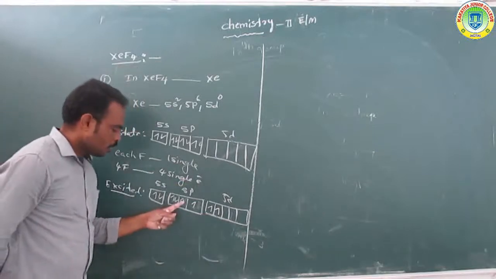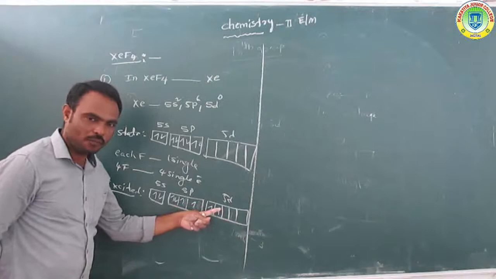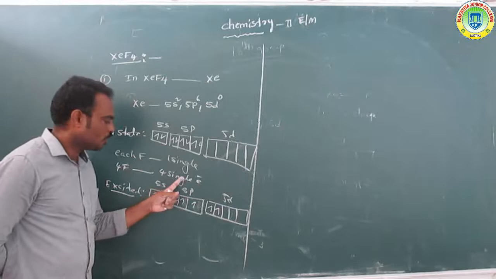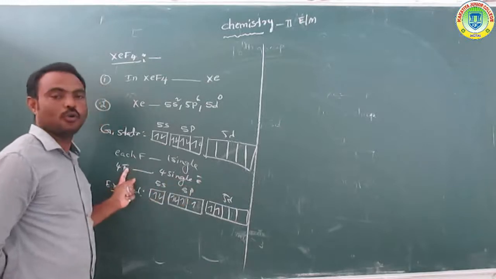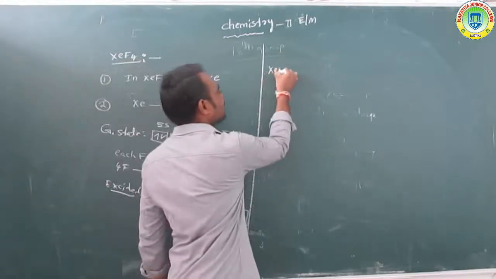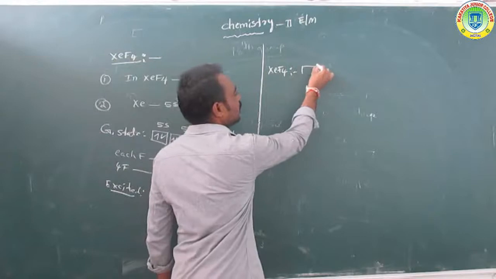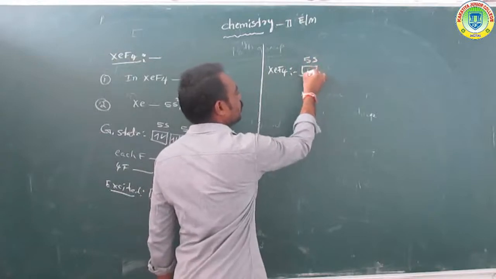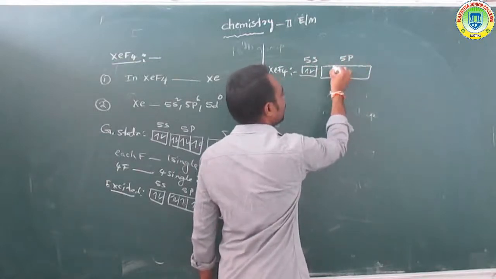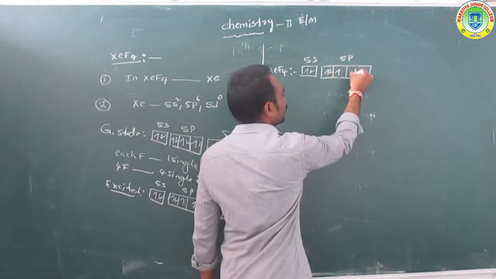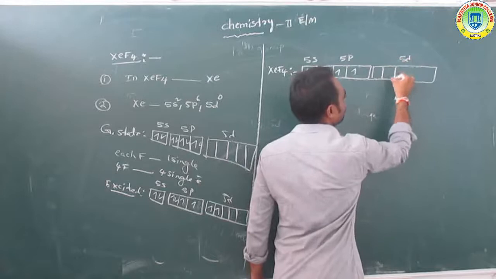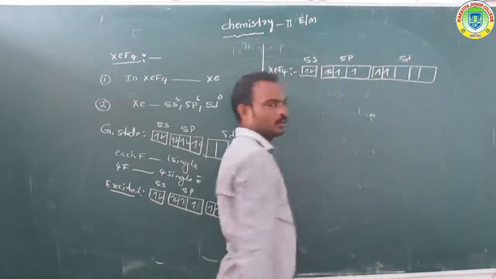So what is the XeF4 formation? 5s orbital 2 electrons, 5p orbital 1 1, 5d orbital 1 1.